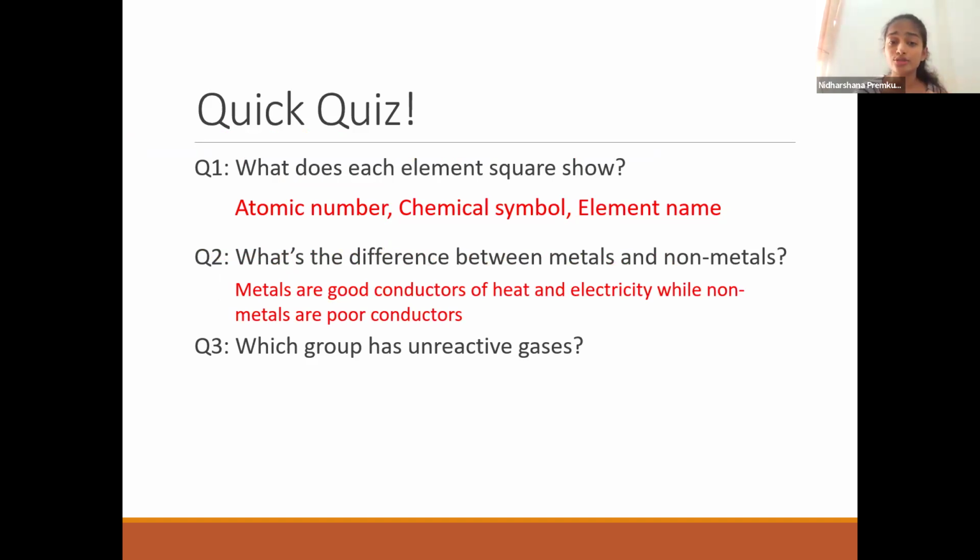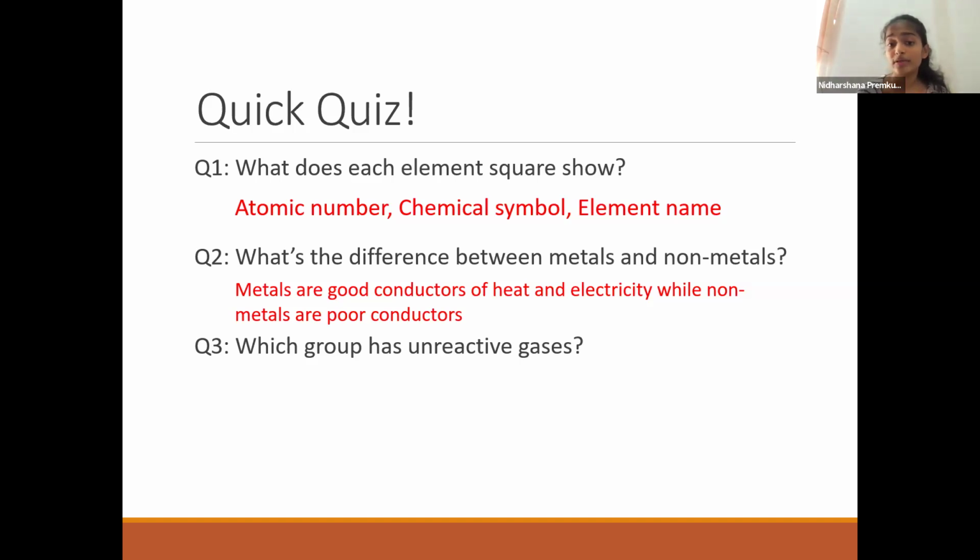Then, which group has unreactive gases? I taught you three distinct groups, to remember their properties and their names. We learnt about group 1, the alkali metals, which contain the most reactive elements. And then we learnt about halogens, the ones that form salts, like chlorine.